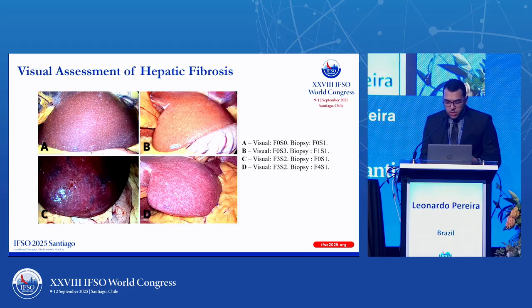These examples show how macroscopic impressions do not always reflect histological reality. For example, in case B, the yellowish aspect suggested severe steatosis, as you can see in the visual judgment, S3. But the biopsy confirmed only S1 steatosis with F1 fibrosis. Cases C and D looked similar on inspection, both visually judged as F3, as you can see on the presentation.